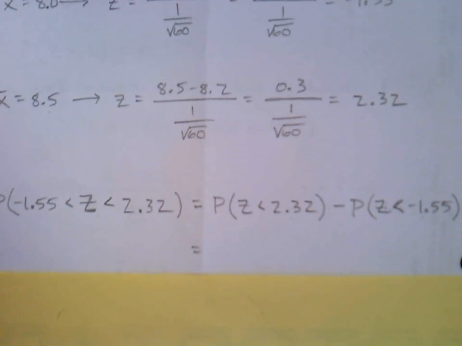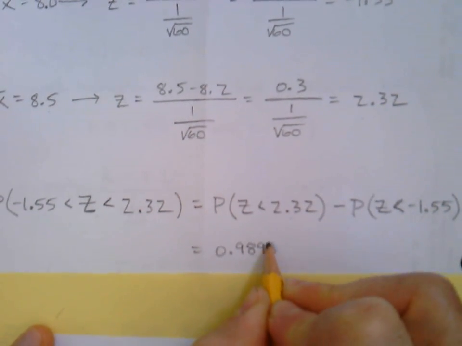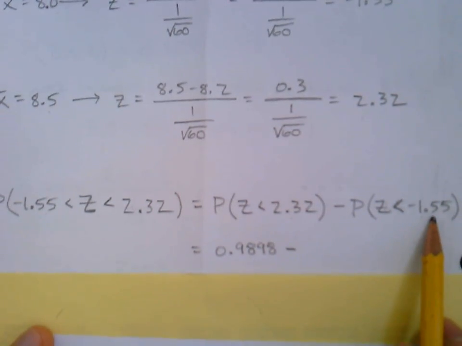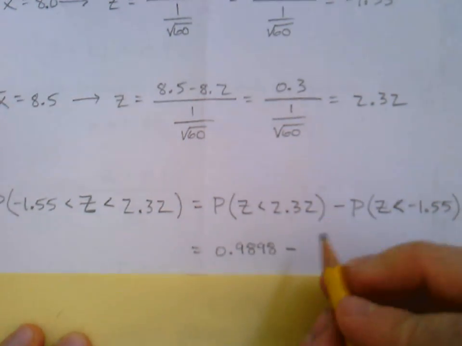Okay, well, let's look these up. And I left this blank for us. Let's look this one up in the table. Let's see, 2.32, 0.9898. Negative 1.55, got to flip it over. Negative 1.55, 0.0606.